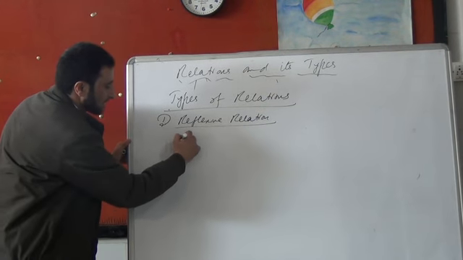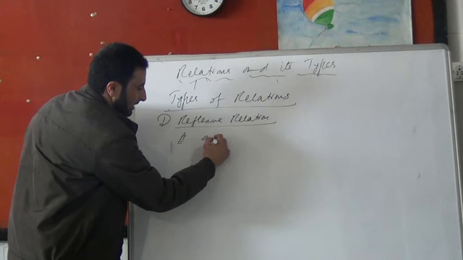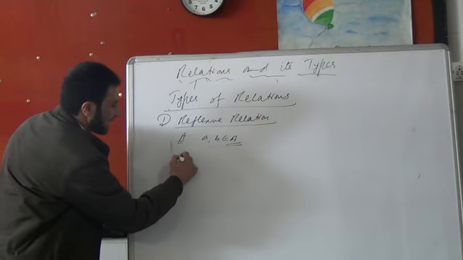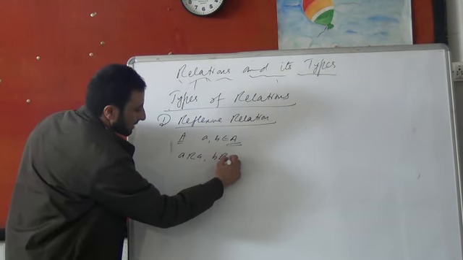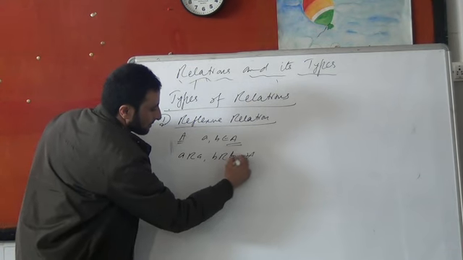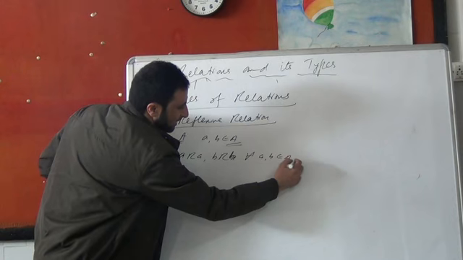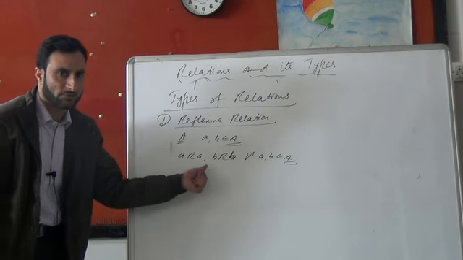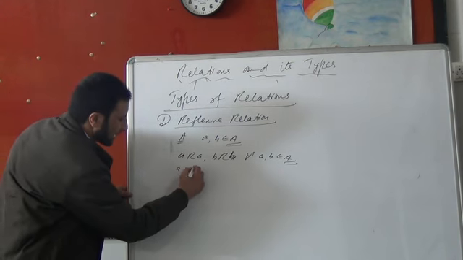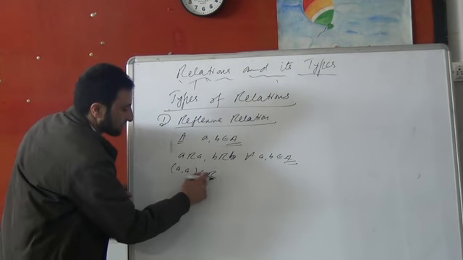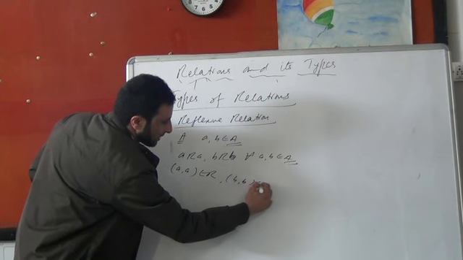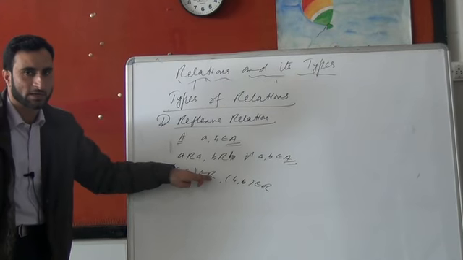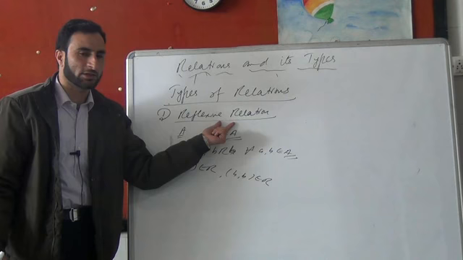If we have a non-empty set A and we suppose a, b belong to set A, then if the relation is defined like this, a is related to a or b is related to b for all a, b belonging to set A, it means if in set A every element is related to itself, we can write (a, a) belongs to R, (b, b) belongs to R. It means if every element of set A is related to itself, then we call the relation a reflexive relation.